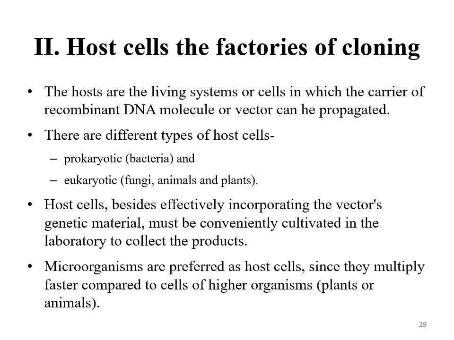Host cells, besides effectively incorporating the vector genetic material, must be conveniently cultivated in the laboratory to collect the product. Microorganisms are preferred as host cells since they multiply faster as compared to the cells of higher organisms, for example, plant and animal cells.